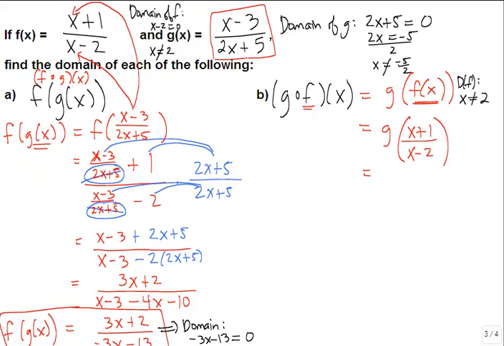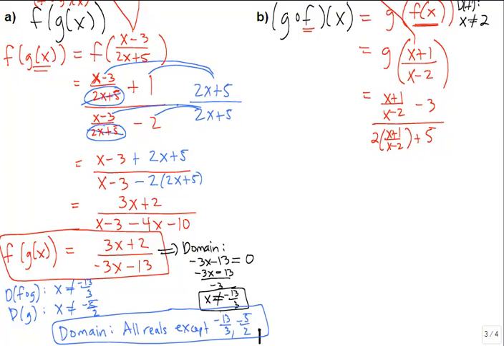So what we're going to have to do is take this entire fraction, which is our input, and plug it in for these two x's, right here and right here. So this is what it would look like. Instead of x minus 3, it's going to be this fraction minus 3. And instead of 2x plus 5, it's going to be 2 times this fraction plus 5.